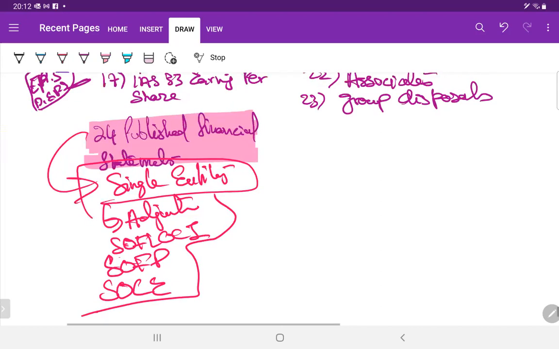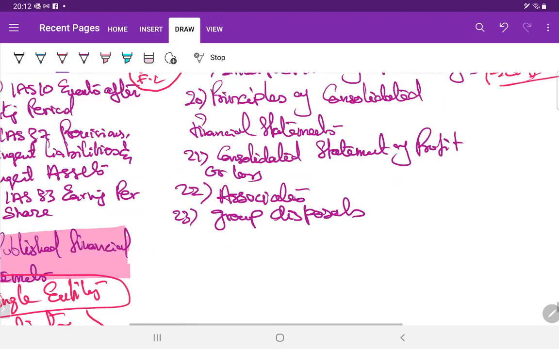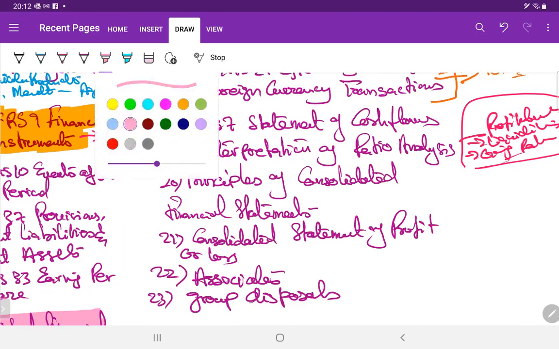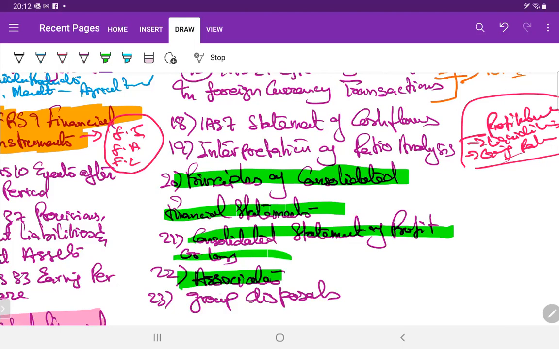And then after covering this topic, we will move to the very easy peasy topic, that is principles of consolidation, consolidated financial statements, consolidated statement of profit or loss, associates, that is IAS 28, and the group disposal. I will cover this topic right at the end of the course, because it is a very important topic and a very easy topic.